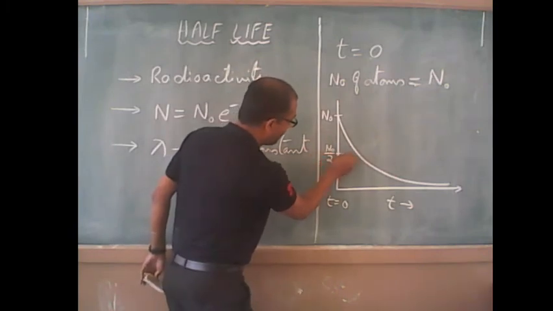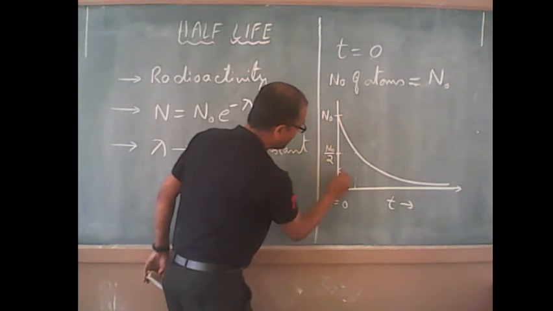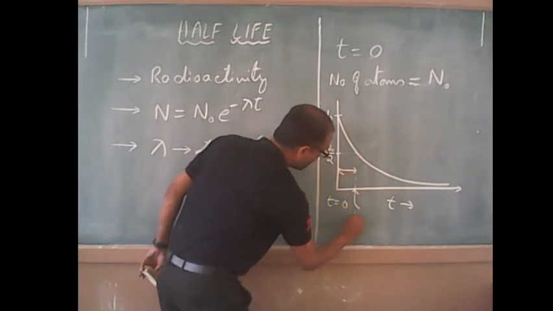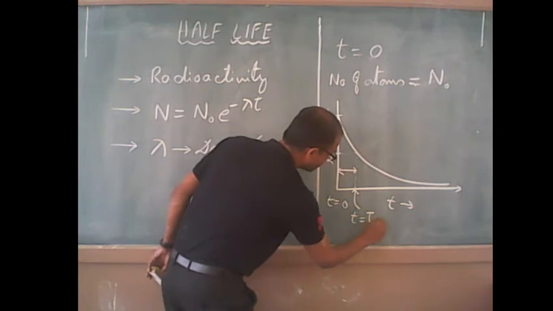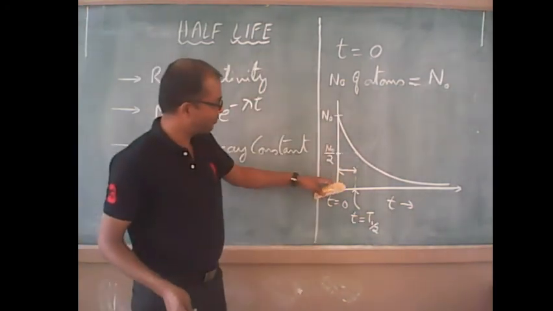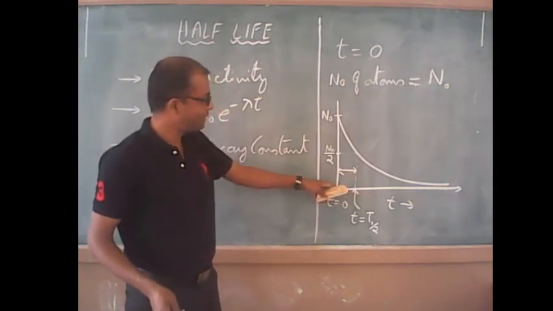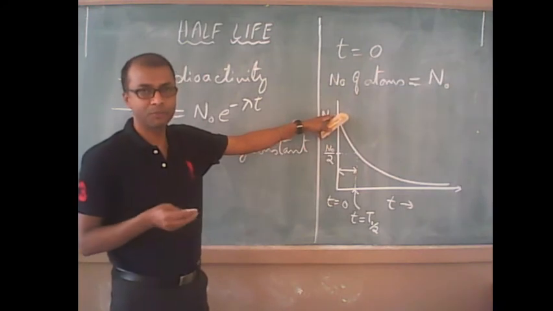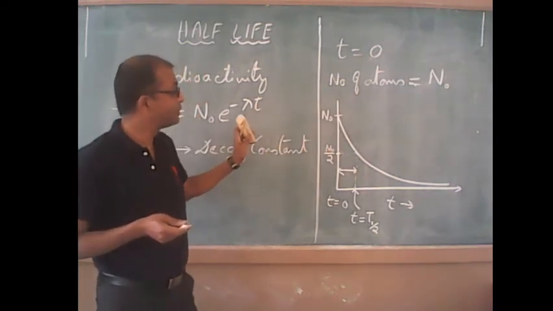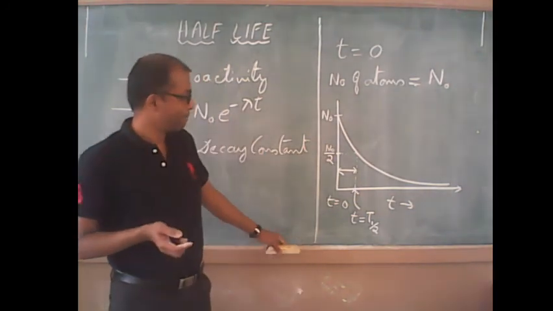This instant of time we can call t is equal to t subscript half. We call it t half. The length of time in which the number of atoms of the radioactive substance reduces to half its initial value is known as the half-life of the radioactive substance.